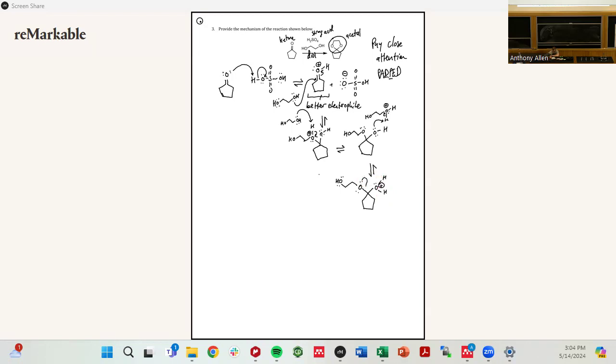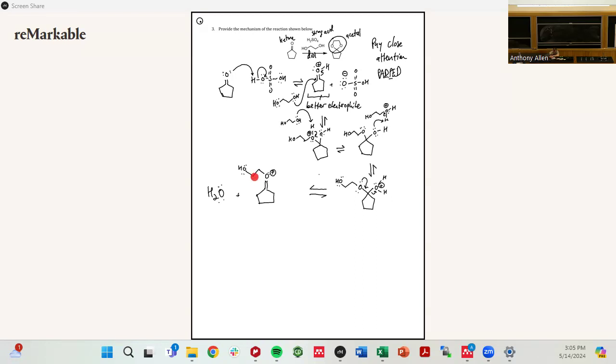I eliminate, so I form a double bond. Need a formal positive charge there.